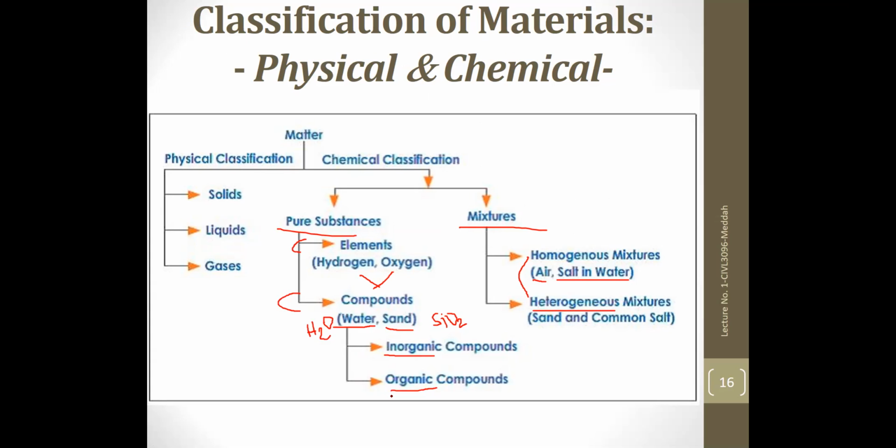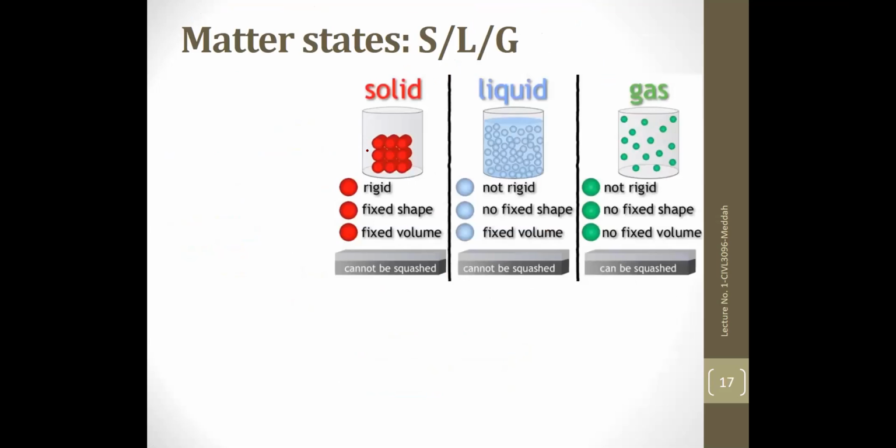So this is in terms of chemical classification. Now we just go back to the physical classifications and we will see some properties of the materials in a physical state. So we said that material could be found in solid or liquid or gas state.